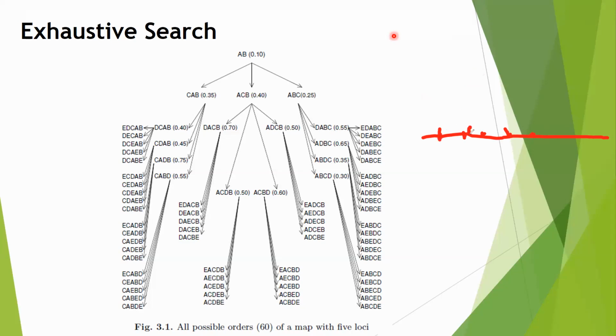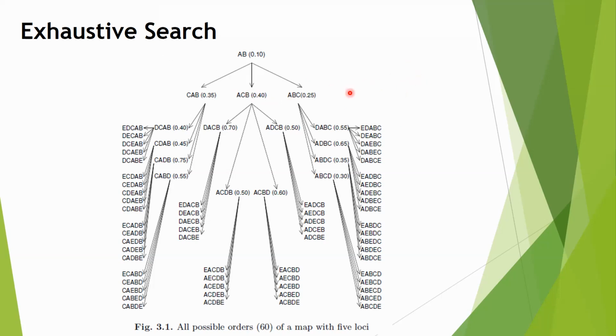But here we're dealing with 5 loci, A, B, C, D, E. This example shows us how we can use this so-called exhaustive search to find the global, true order of these 5 loci. Since this is an easy case, we only deal with a very small number of loci, 5.